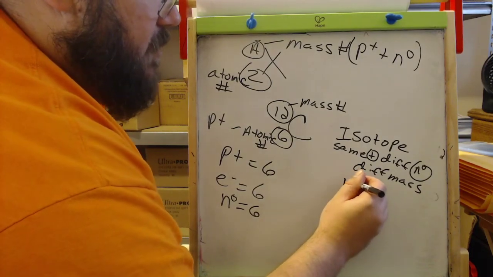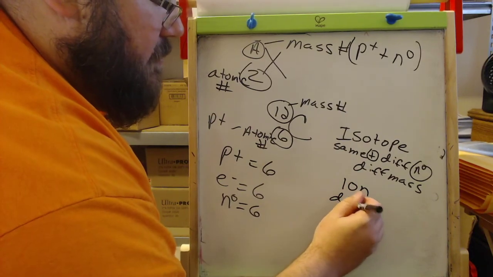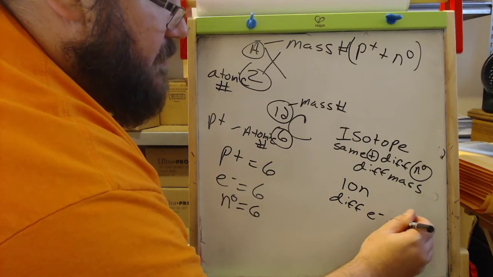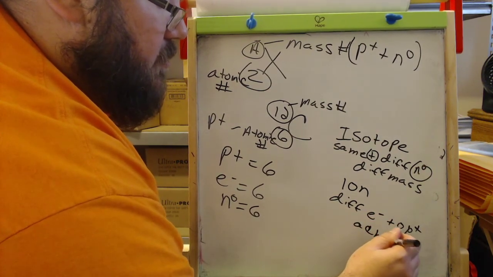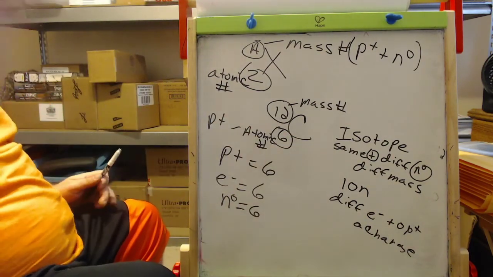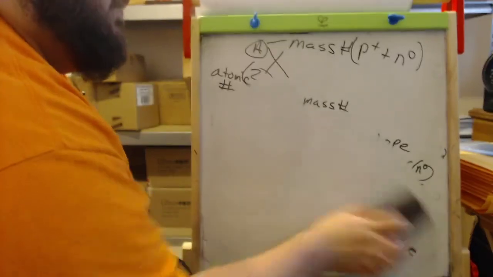And then there's something known as an ion, which has a difference in electrons to protons, which gives a charge to the molecule. We'll get more into ions and isotopes later, but I want to include all of those right now.